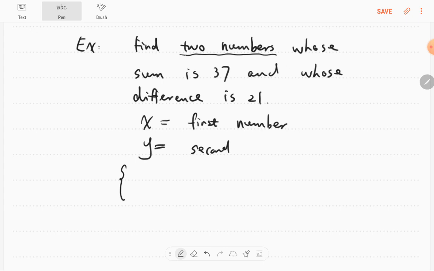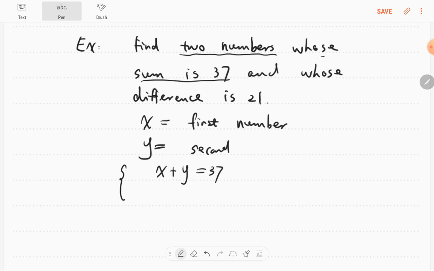We know one number will be our x, another will be our y, and we get this information: whose sum is 37. We can already translate this into an equation. The sum of the first number x and the second number y is equal to 37. So we already have the first equation.